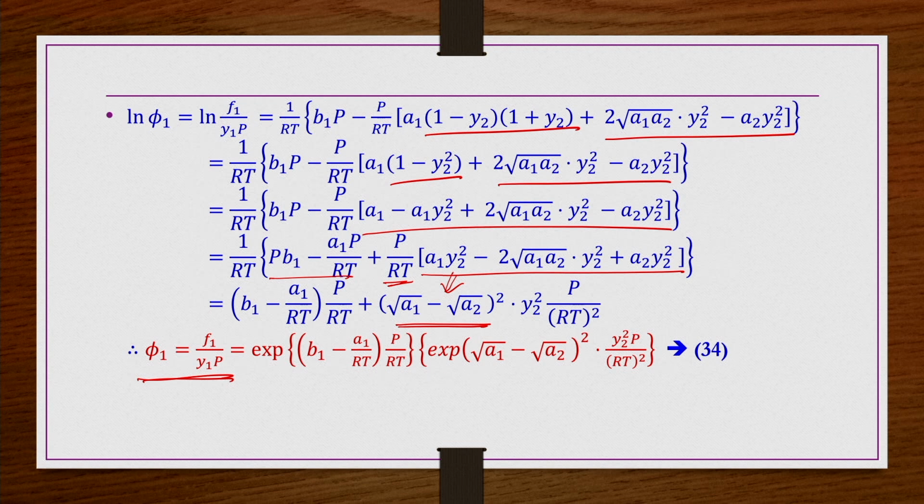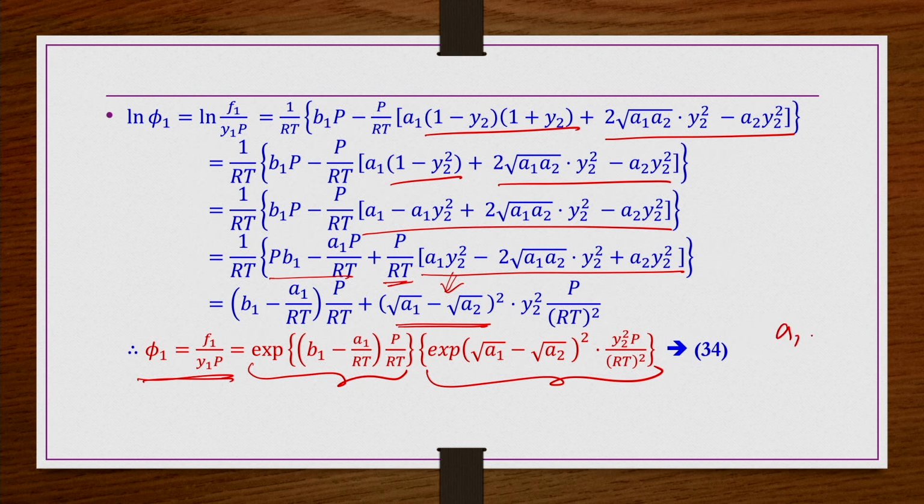Now we can see if it is ideal gas behavior, then phi1 should be equal to 1, but now it is not ideal because of the moderate pressure, there is a non-ideality. Because of non-ideality, there are two corrections in the form of exponential terms like this, and what we can see, the first exponential term is independent of composition, and also independent of the A2 B2 constants of pure gas 2.